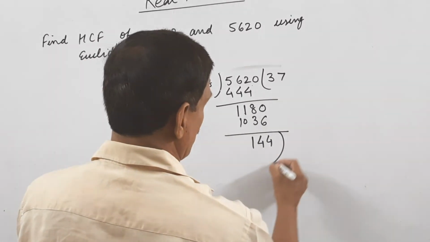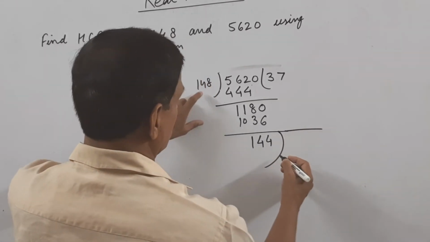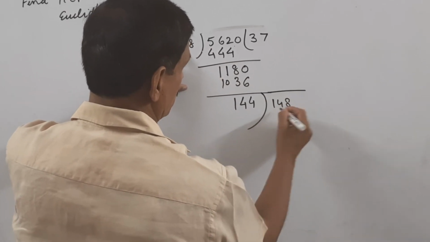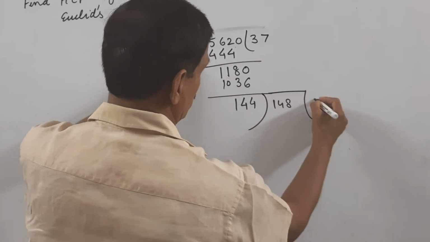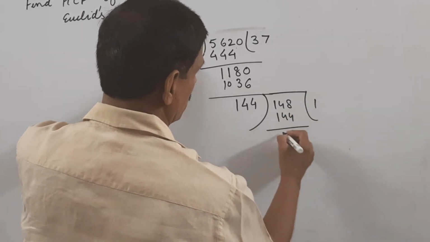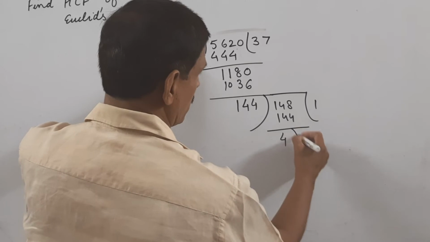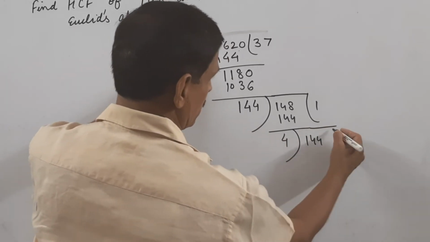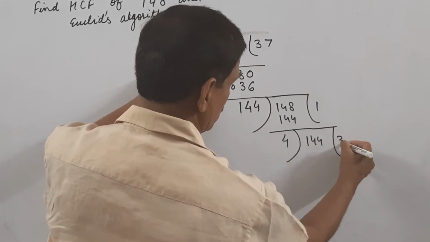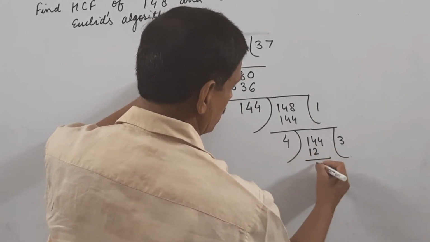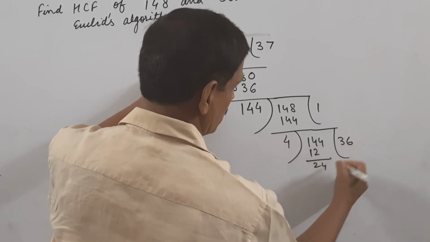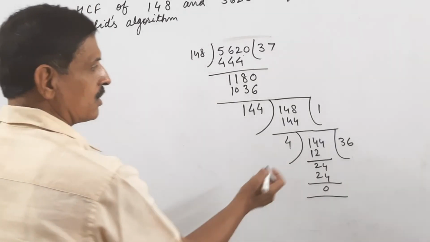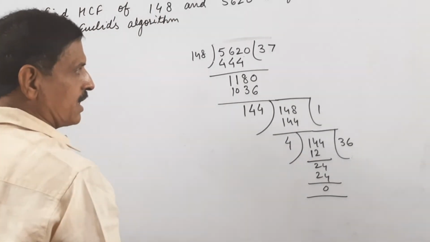Now we divide 148 by 144. This is 1 time 144. 4 is left. Now 144 is taken as dividend. So the last divisor is the HCF.